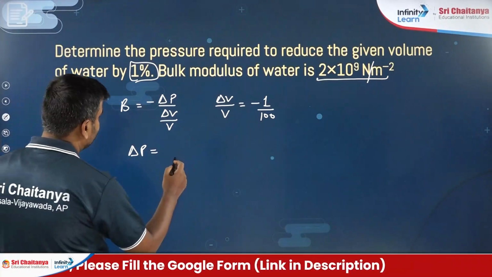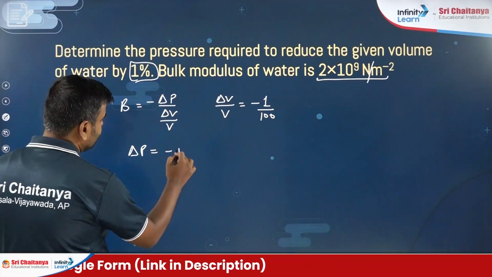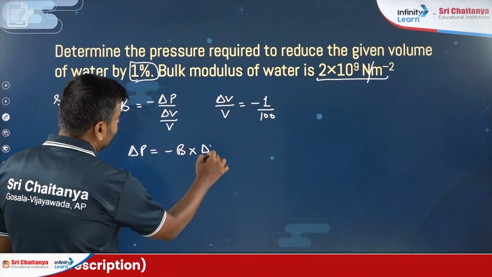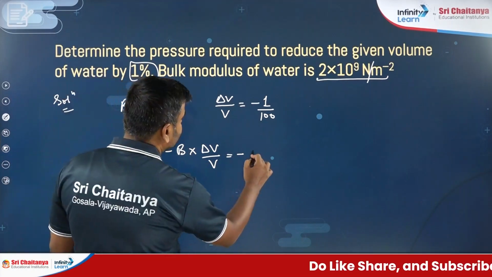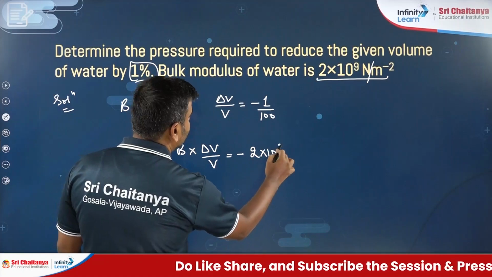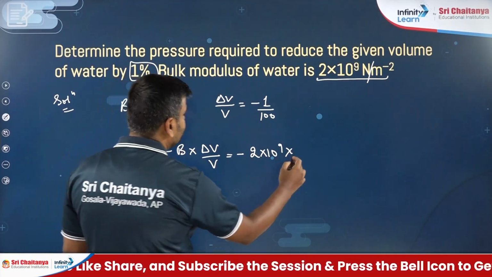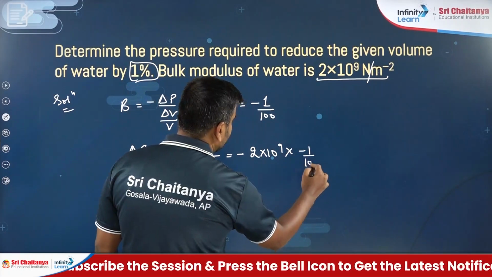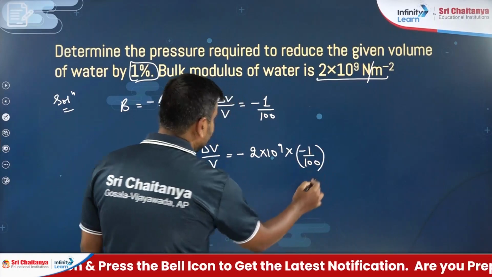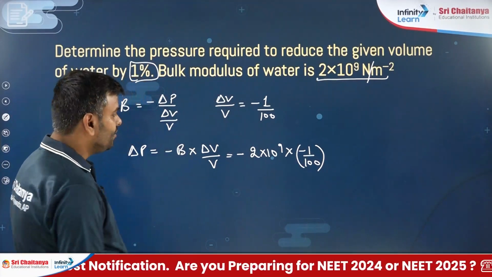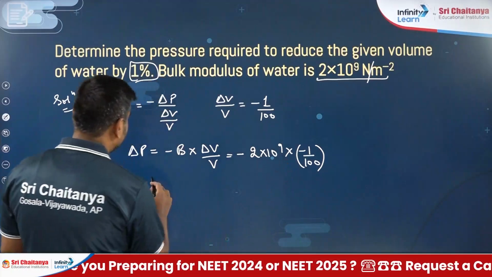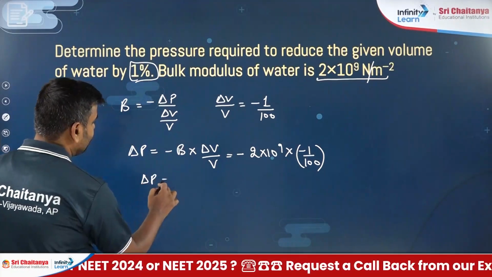So delta P value will be minus B into delta V by V, which will be minus, bulk modulus 2 into 10 to the power 9 into delta V by V, which is minus 1 by 100. So this minus and minus will become positive. And finally, what will be the delta P value we are getting?